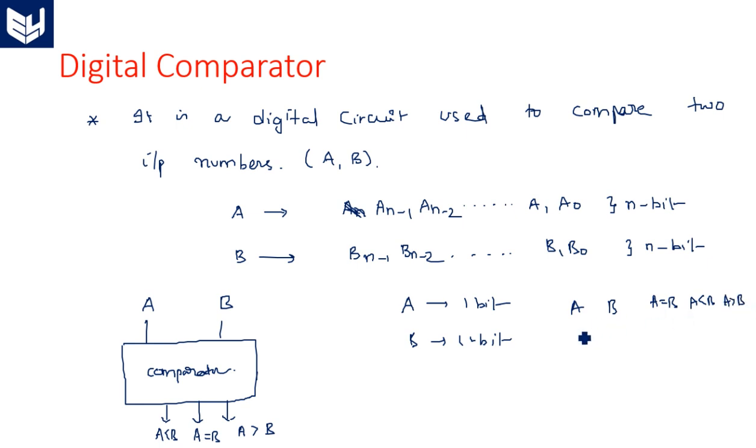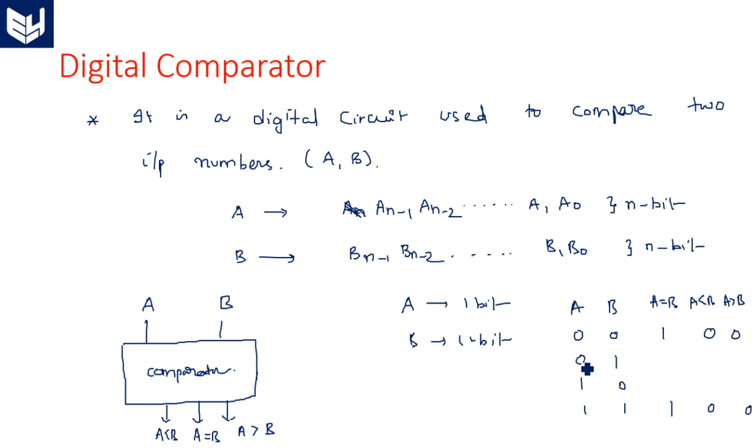These are the three possible outcomes. So the inputs may be 0 0, or 0 1, or 1 0, and 1 1. What do you mean by 0 0 and 1 1? A equal to b. So in that case a equal to b is 1 and the remaining are zeros.